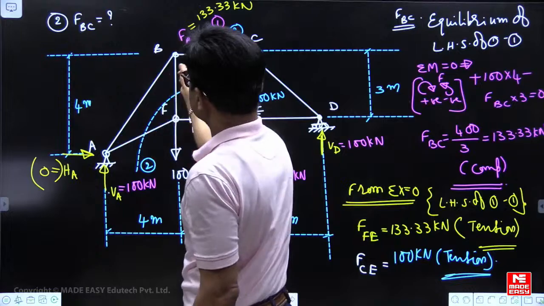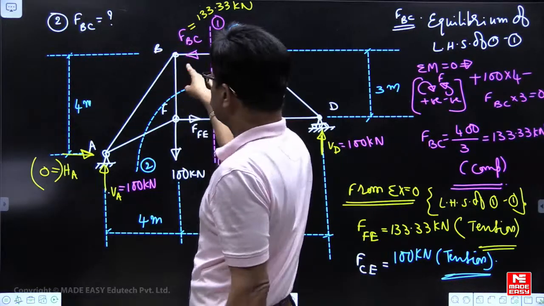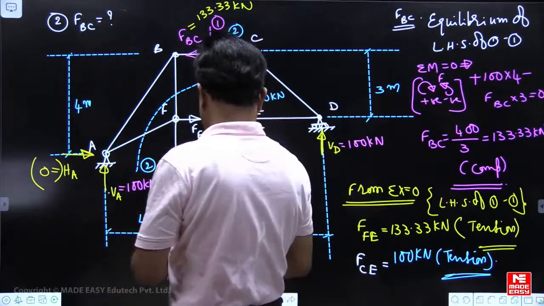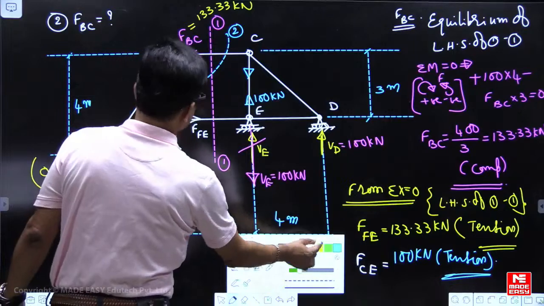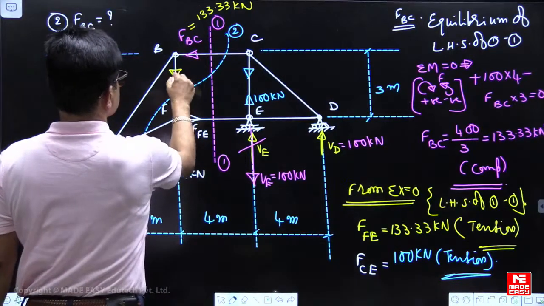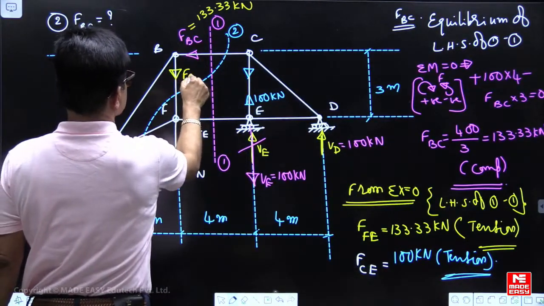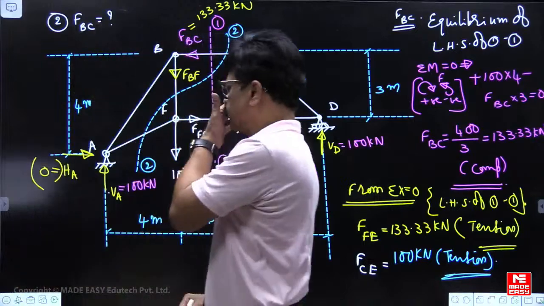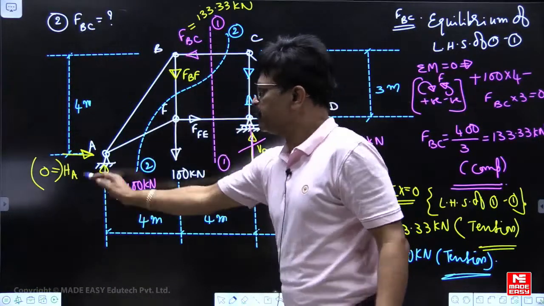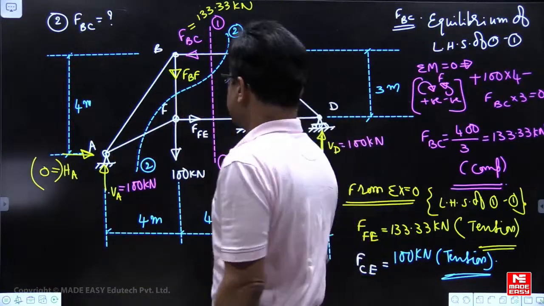FBC will give FBC into 4. This is anti-clockwise. Now this should give clockwise moment about A. Like this. FBF. Anti-clockwise, clockwise about A. We can find what is FBF.